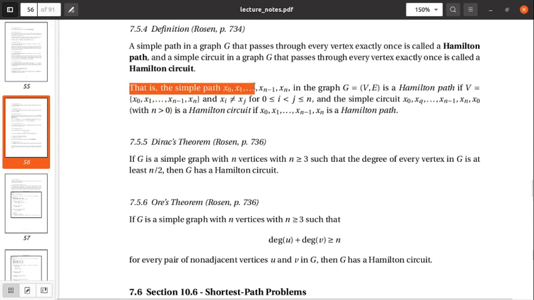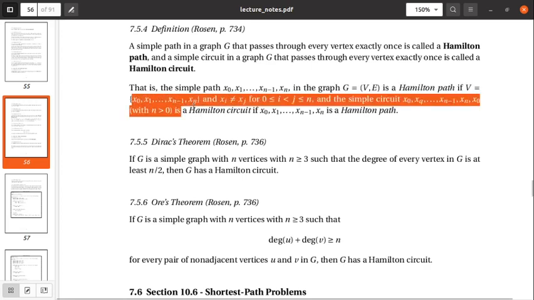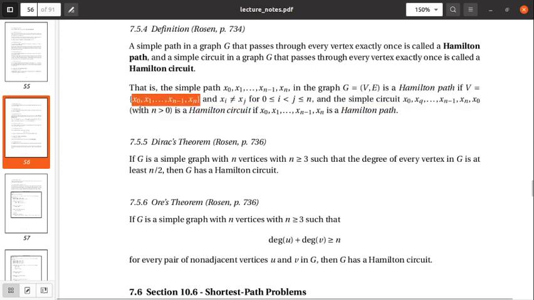Now if we label the vertices x0, x1, all the way up to xn in the graph, then it's a Hamilton path if the set of vertices is this. So we start here and then jump to this one and so on progressively, and we don't have any repeats except possibly for the beginning and the end.